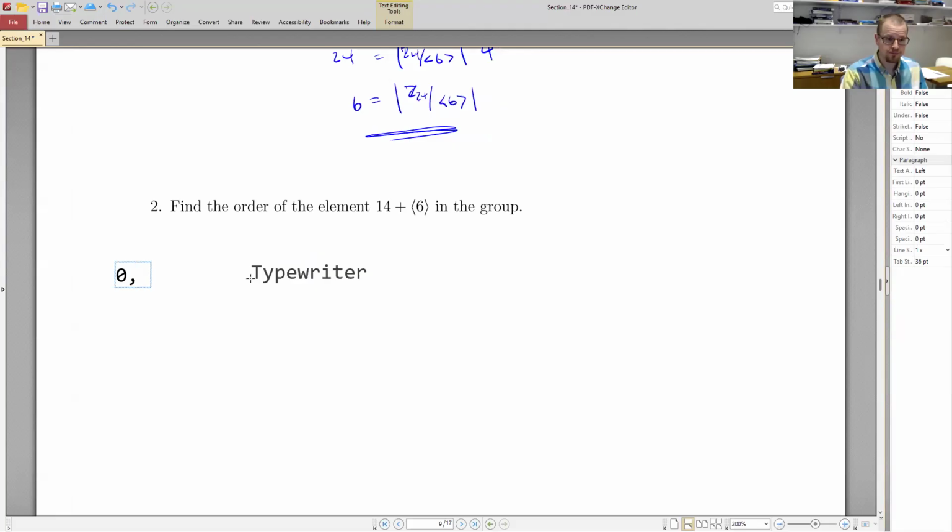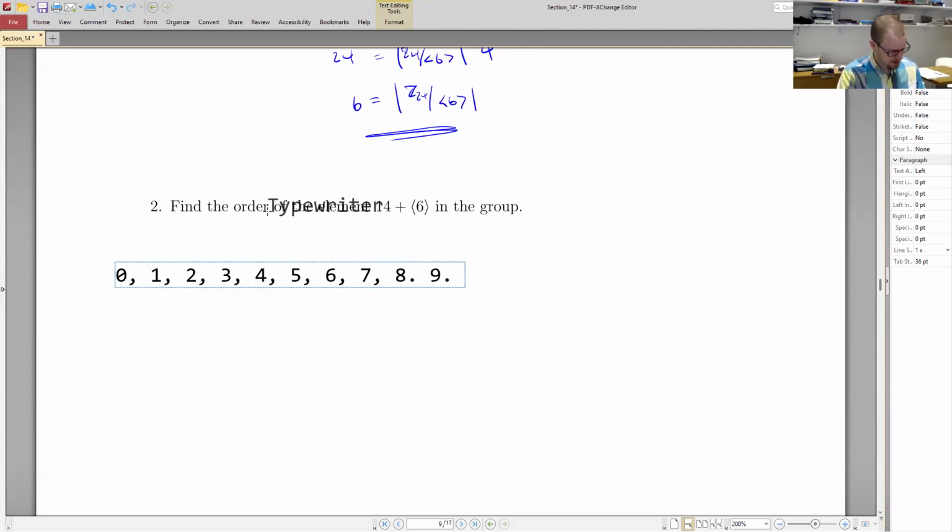So we have 0, 1, 2, 3, 4, 5, 6, 7, 8, 9, 10, 11, 12, 13, 14, 15.